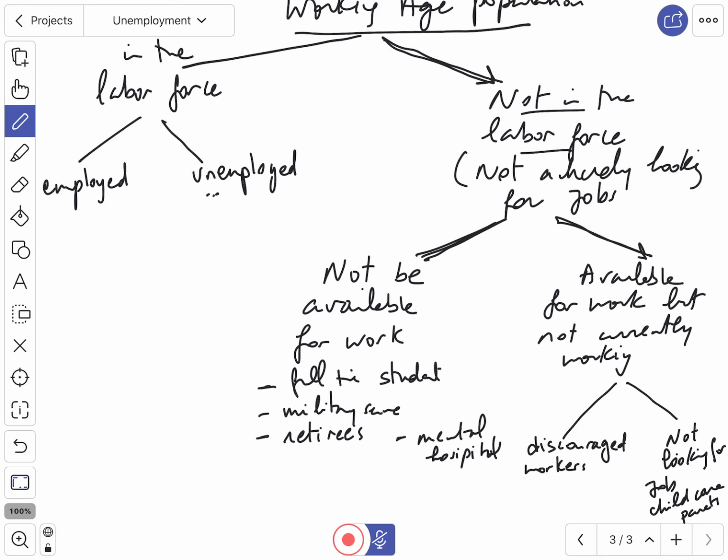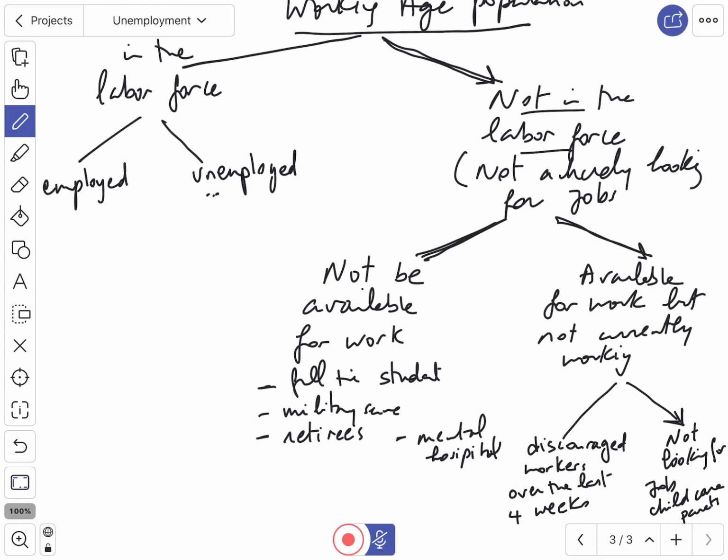Maybe they have transportation problems, so you can add that. They might have other kinds of problems that do not enable them to go and look for a job. To be more specific, that is over the last 4 weeks. And those people have looked over the past 12 months, but nothing in the past 4 weeks.